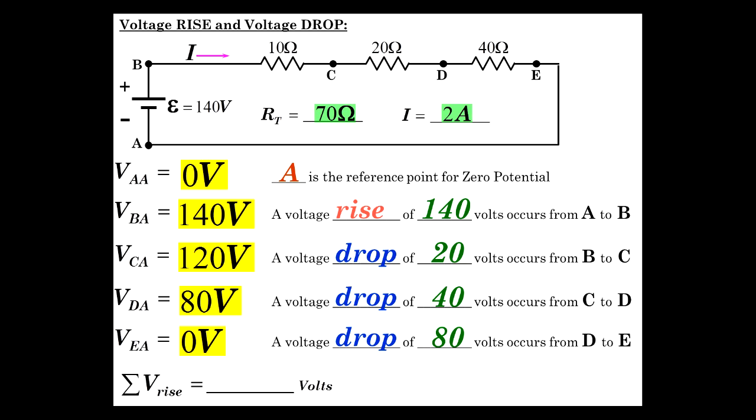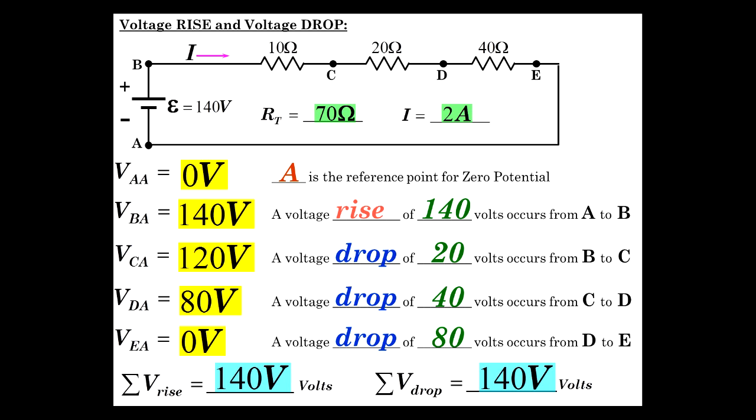So what is the sum of the V rises? Well, the V rise was just the single 140 volts. And how about the sum of the V drops? We dropped 20 and 40 and 80. I believe that's 140 volts. In fact, it is. And that validates the point I'm trying to make, which is the rises and the drops, basically, they're equal.